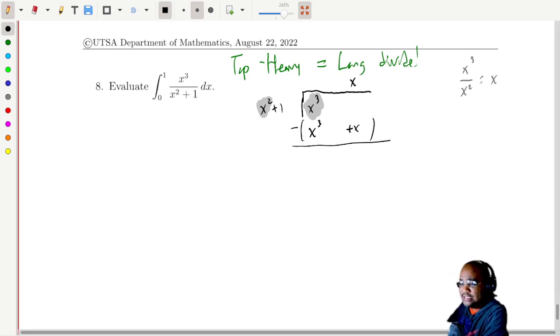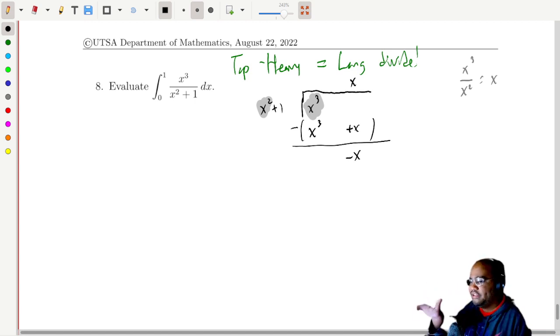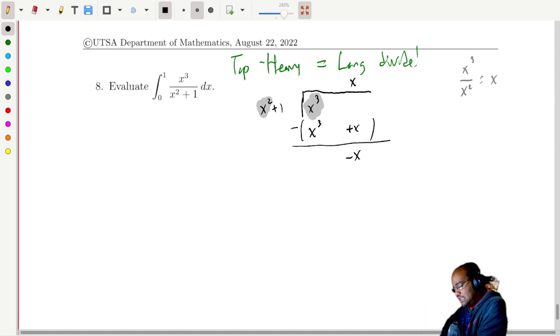X cubed minus x cubed is 0. Then I get 0 minus x, which is negative x. And do I have anything else? Well, no, because negative x has a smaller degree than x squared plus 1.